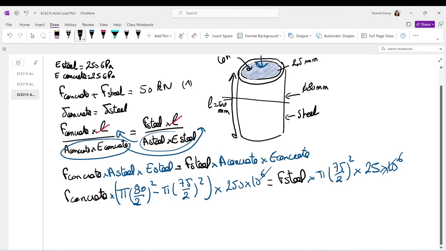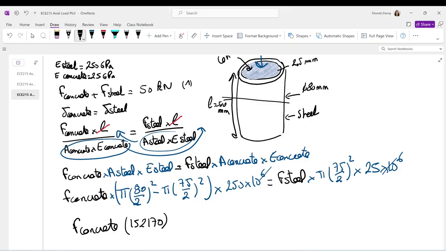And with all of that, let me give you the value, but I love to do a matrix. So this one gives us F, force in the concrete, times 152,170, maybe with a 10^6.